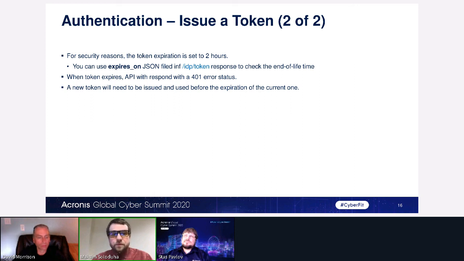Say you're running some scripts and at some point you start receiving error 401, that's a clear sign that the token has expired. It's strongly recommended to verify how long your operation is going to take before committing to it, and if token refresh or reissue is required, it's highly recommended to use this opportunity to reissue the token.